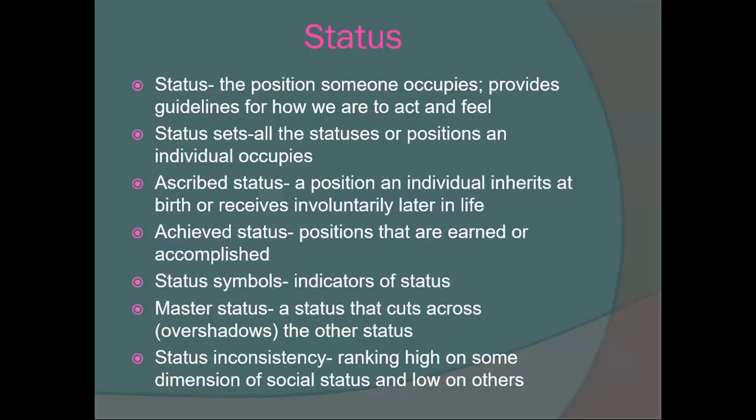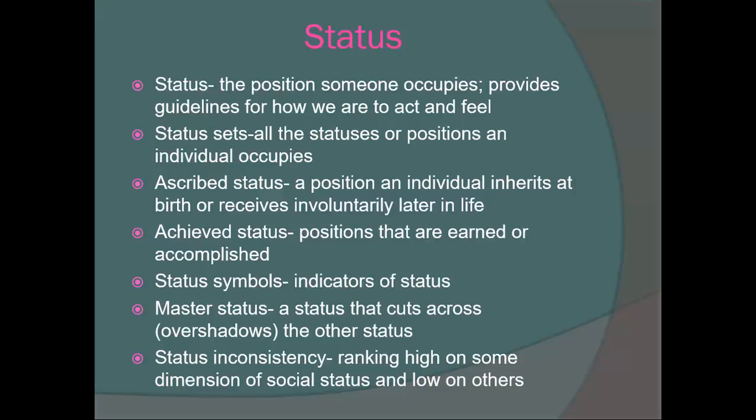Status inconsistency is when you rank high on some dimension of social status and low on others. An example of that: a janitor who works in an expensive complex but makes more money than the people living there would be status inconsistent, because janitor is low in prestige, but that job is high in pay.